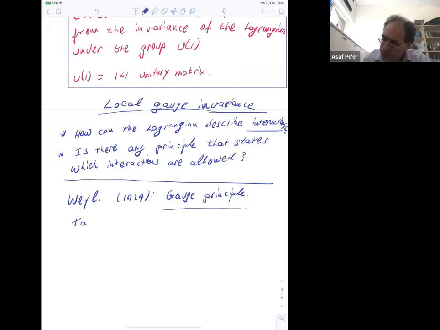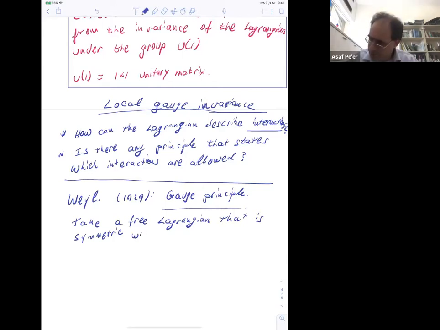Take a free Lagrangian that is symmetric with respect to a continuous symmetry, and then localize the global symmetry group.